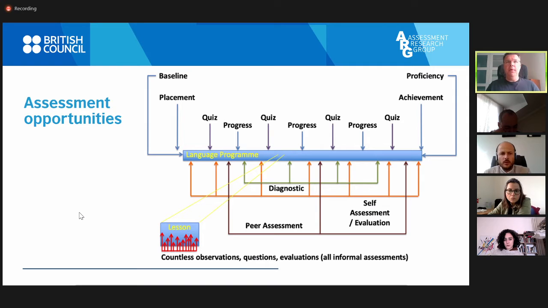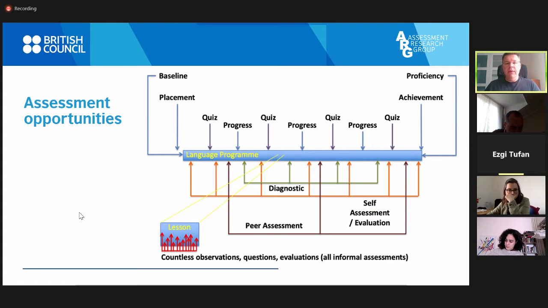On the bottom side of the diagram, you've got the more formative aspects. So you've got peer assessment, self-assessment, diagnostic testing, and other things. And also, during every single lesson, teachers are performing assessments.